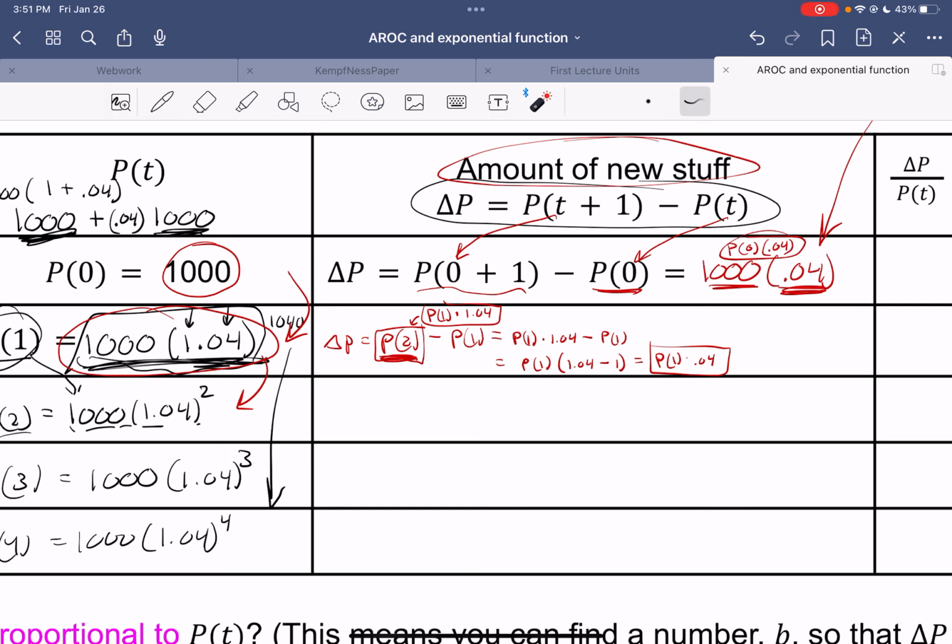And if you continue this, going from minute 2 to minute 3, what's the difference in population? How much did we gain going from 2 to 3? You gain 4% of what you started with. That's my population at time 2 times 0.04. Right? So that's how this whole column is going to behave.